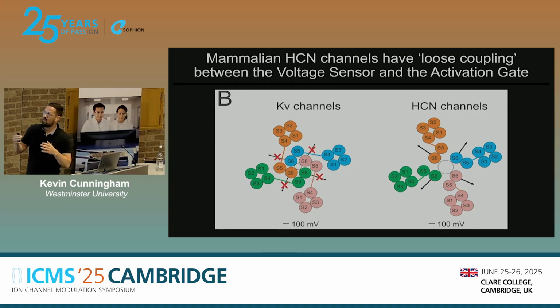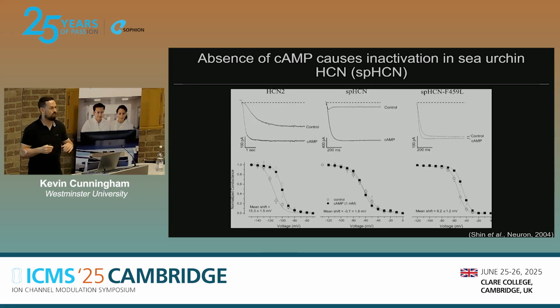So we were always fascinated by this coupling, so we were looking for a new project, what to investigate, and we went through some of the old literature, and Gary Yellen's group showed that with typical HCN channels, when you apply cyclic AMP, you get faster and larger currents. But in the sea urchin model, SpHCN, if you do not have cyclic AMP, you get an inactivation.